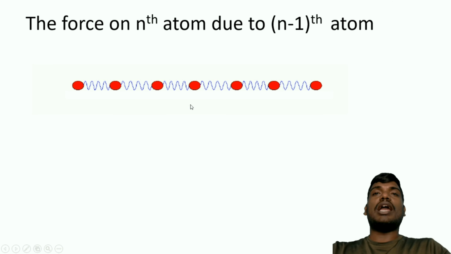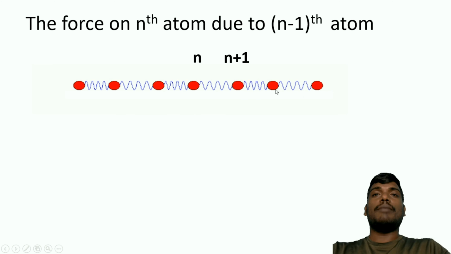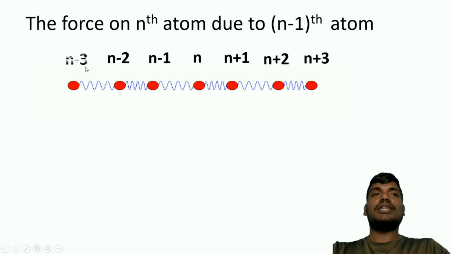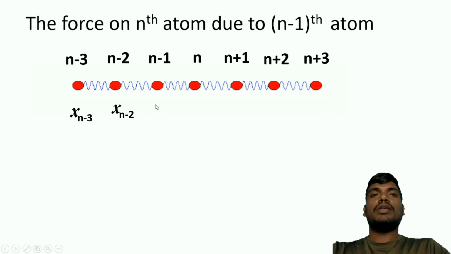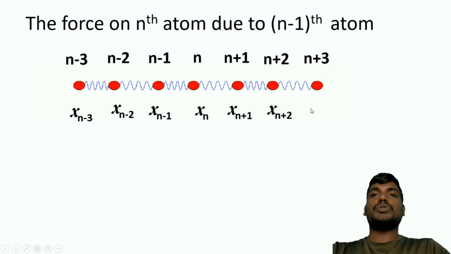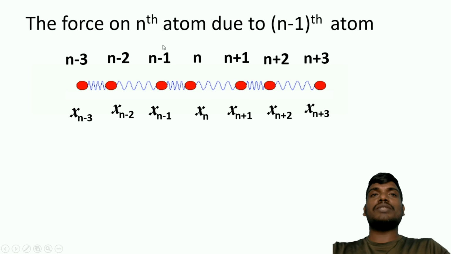The positions are n, n plus 1, n plus 2, n plus 3, and n minus 1, n minus 2, n minus 3, with displacements x n minus 3 up to x n plus 3.